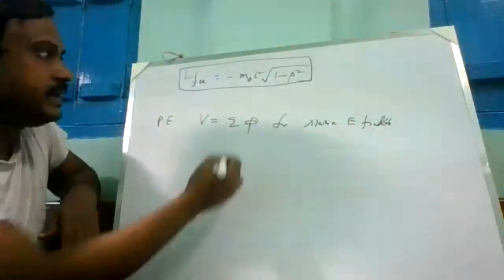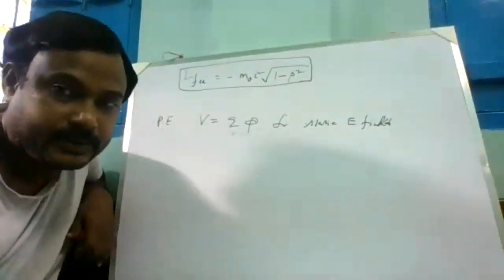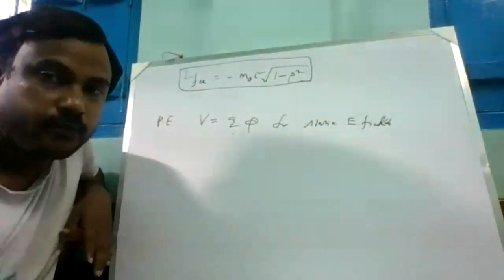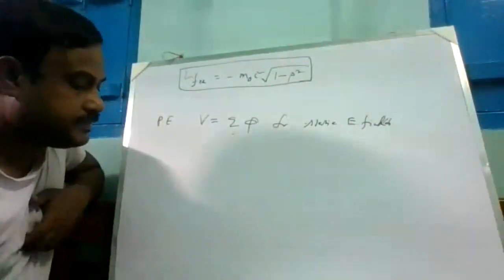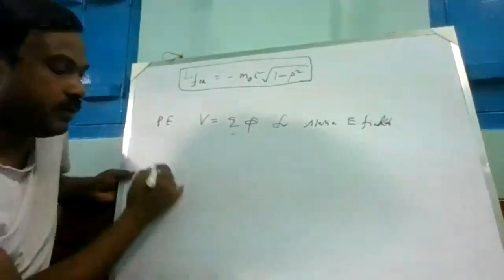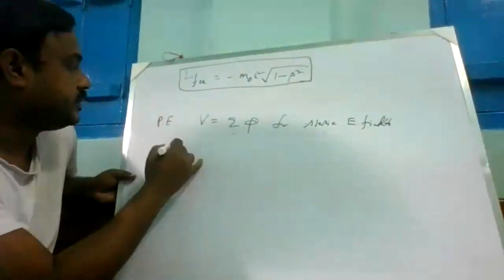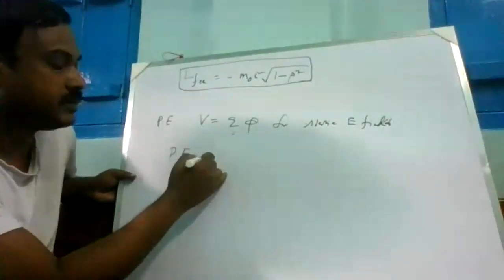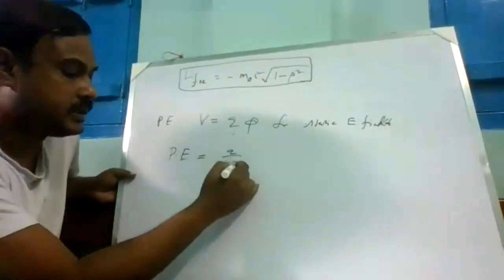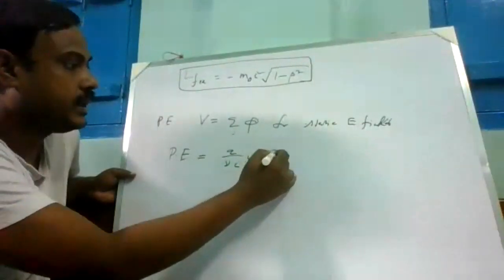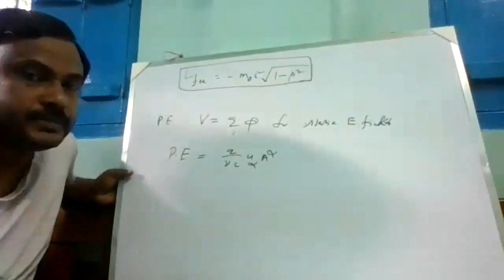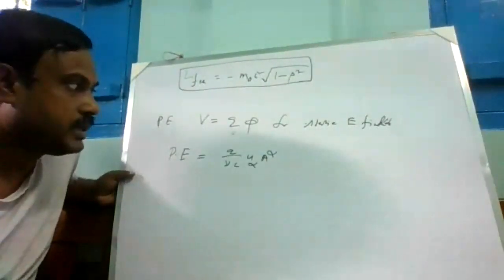Now phi is the fourth component of the potential. So we guess the potential energy will be of this form. In general, the potential energy will be Q by gamma c, U alpha A alpha. This will be the general form of potential energy.